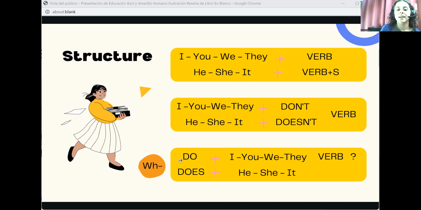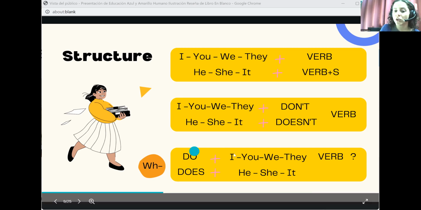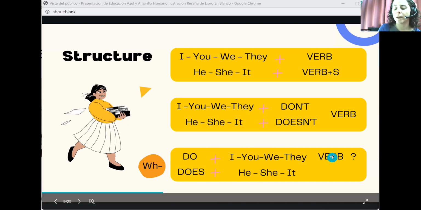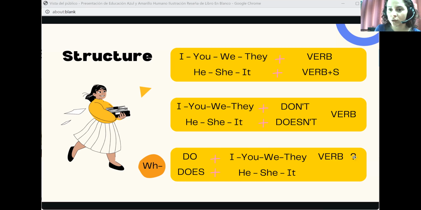Okay. In the case of asking for routines, habits, states, stative verbs, or the future when something has been decided, in all those cases: do you, does he, does your mother, does your cat, do your friends, do the politicians do something? For example, do people buy lots of clothes in your country?